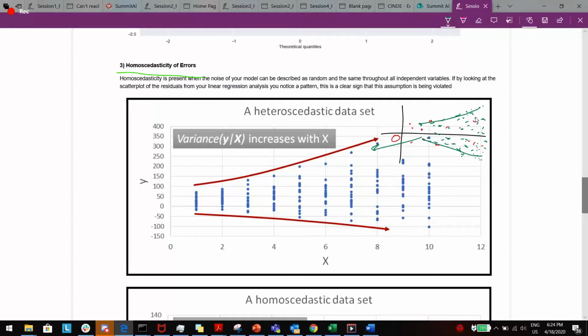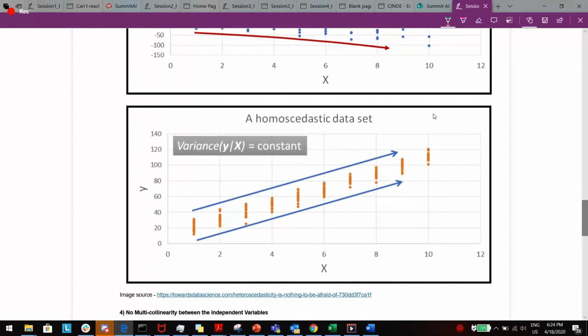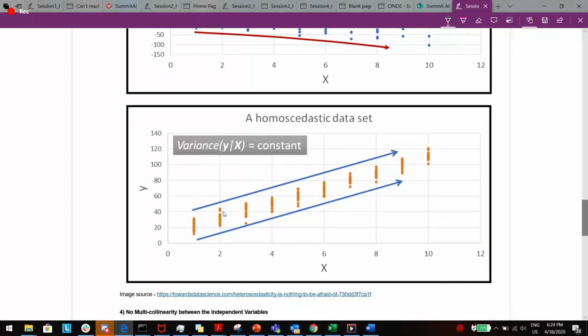That means the variation increases, and this is the homoscedastic data. So it shows a steady nature, with no increasing or decreasing nature of the variance in the errors. So this is homoscedastic data.